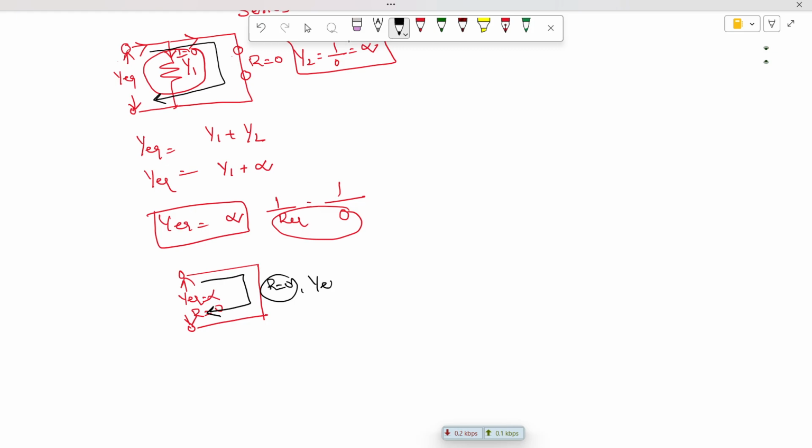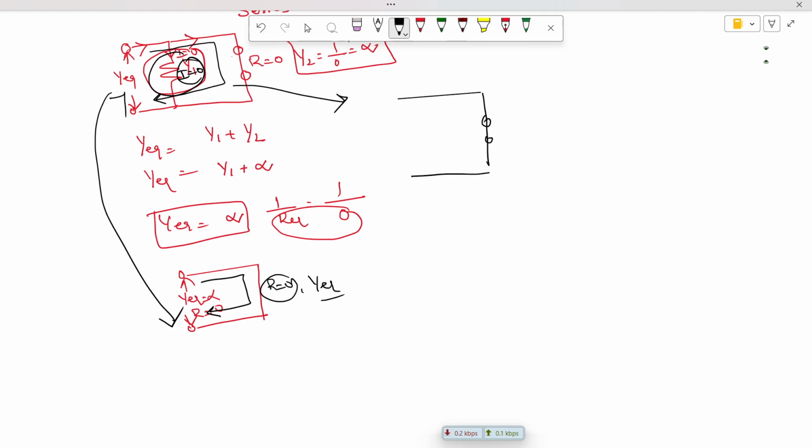Whenever you have an admittance parallel to a short circuit, it is directly equal to a short circuit. Meaning the current in this branch becomes 0, so it acts like a short circuit. You may get confused about y equivalent being infinity; this is the meaning here.